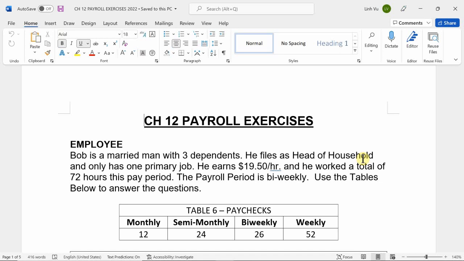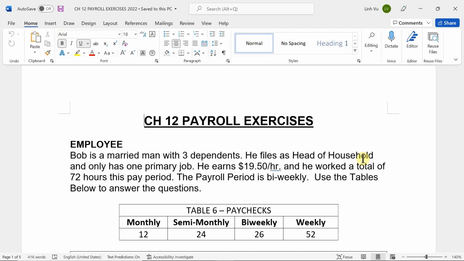So example number 1, we have an employee, okay? We have Bob. He is a married man with 3 dependents. He files as head of household, okay? And only has one primary job, okay? He earns $19.50 per hour, and he worked a total of 72 hours this pay period, okay?